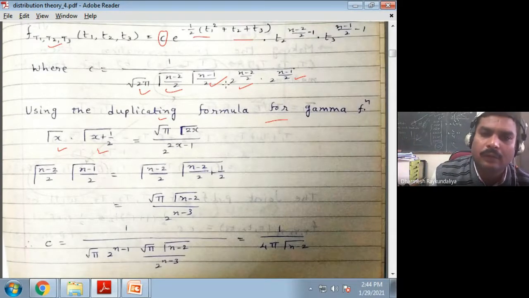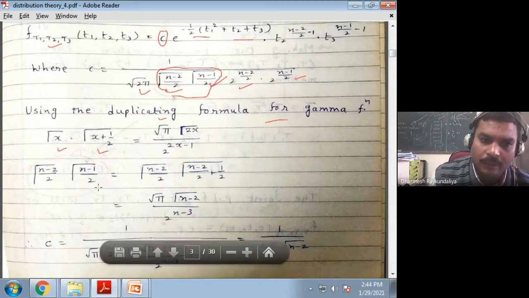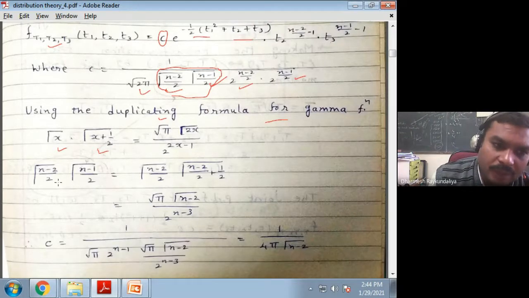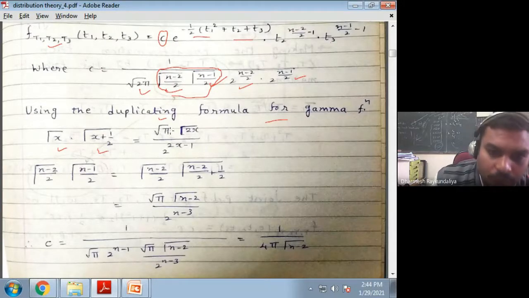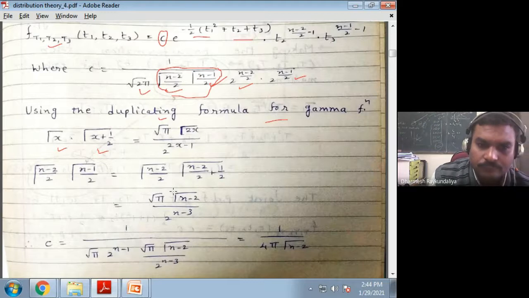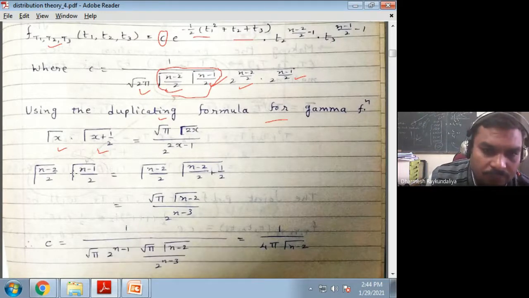Now I will use this for gamma n minus 2 by 2 and gamma n minus 1 by 2. Why? Because if I say it is x, and you add half, it is n minus 1 by 2. So it is root pi.